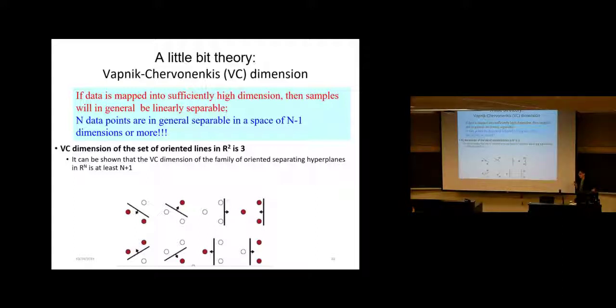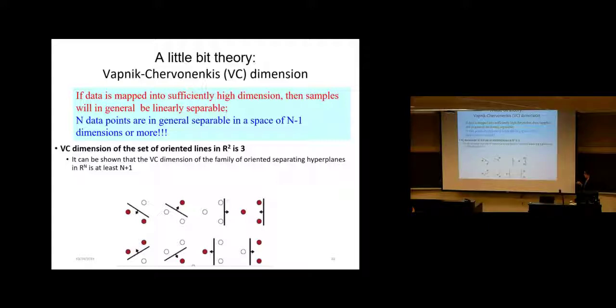You can always separate 2 or 3 training points with whatever 2-class label combination they have. You can always use a linear line to separate the 2 classes. Question about this, because this is the key. It's the fundamental idea of SVM.